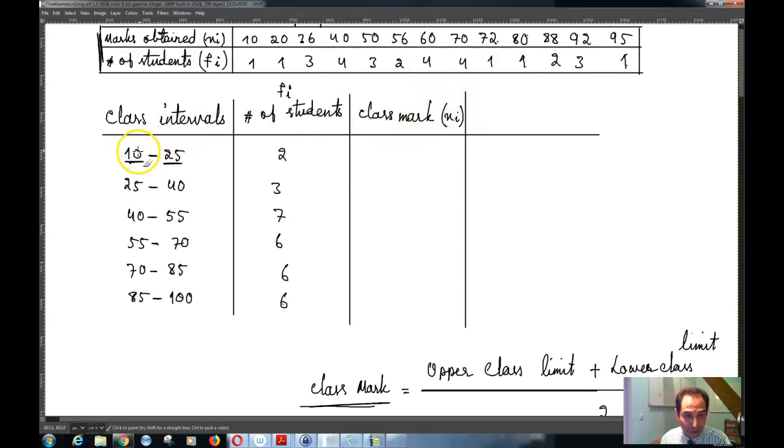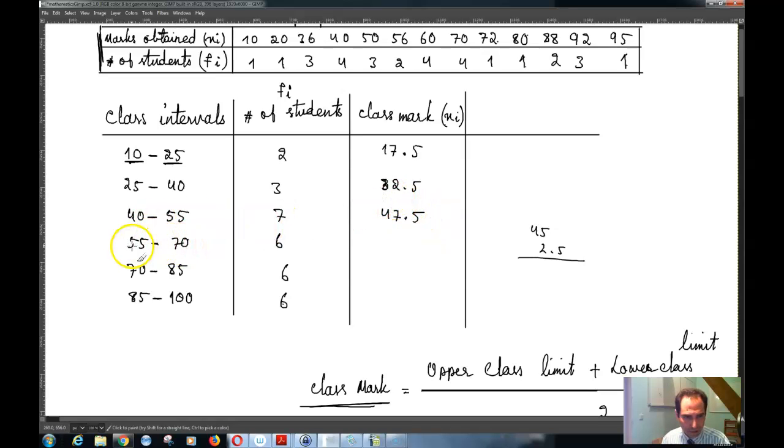And so the class mark practically becomes your x of i. So of course, 10 plus 25 is equal to 35. 35 divided by 2 is 17.5. 25 plus 40 is 65, so that's 32.5. 40 plus 55 is 95, and 95 divided by 2 is 45 plus 2.5, so you have 47.5.